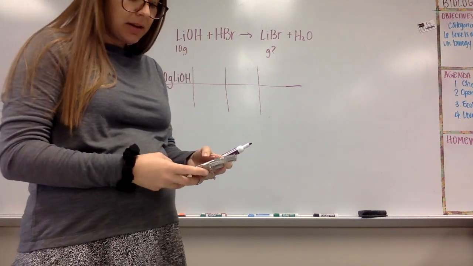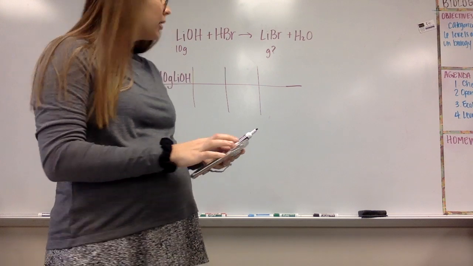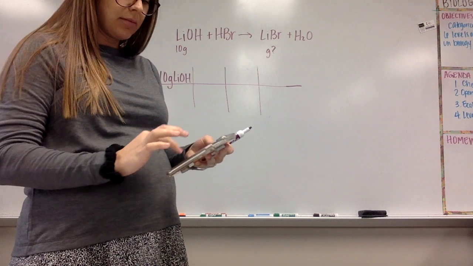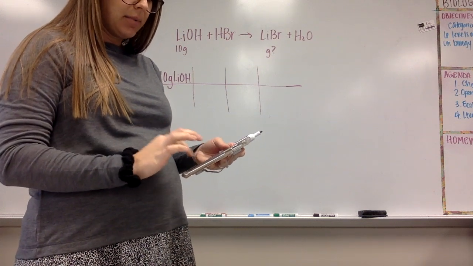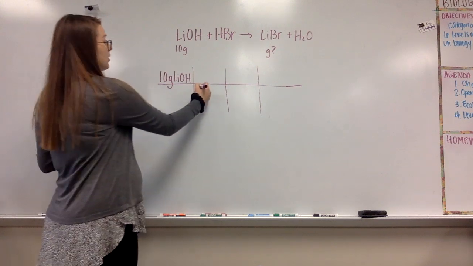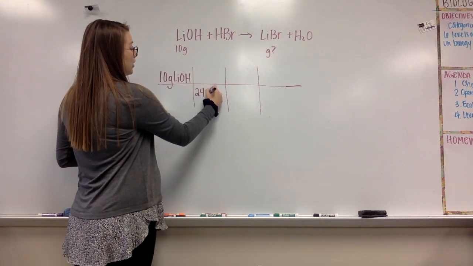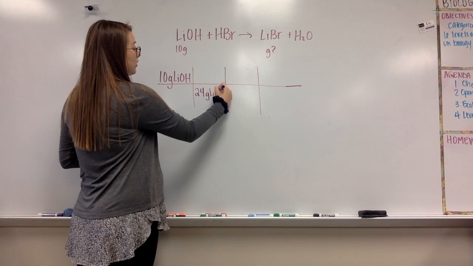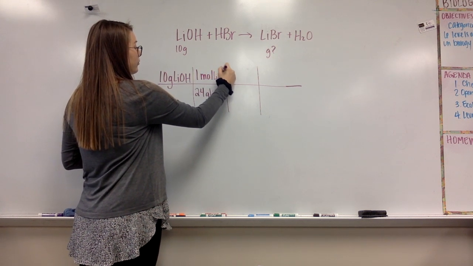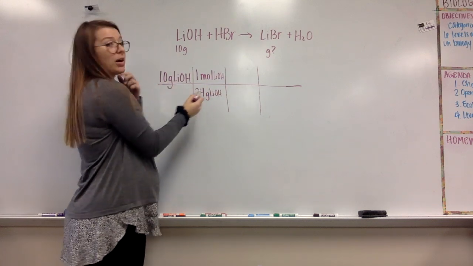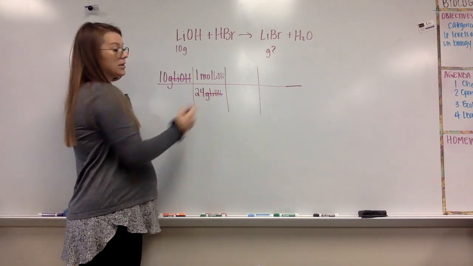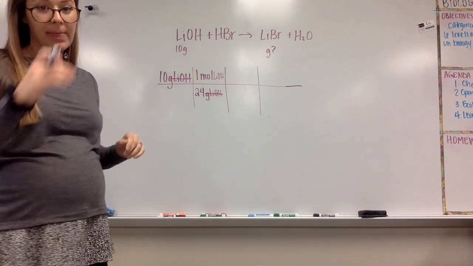So lithium hydroxide is going to be the mass of lithium plus the mass of hydrogen plus the mass of oxygen, which gives us a total of 24 grams per mole. And my grams go on bottom here because I need to cancel those units.